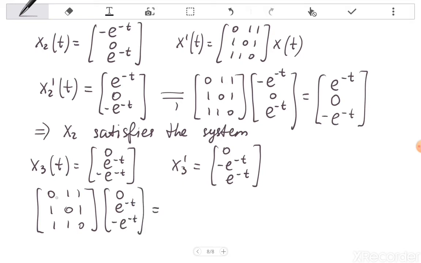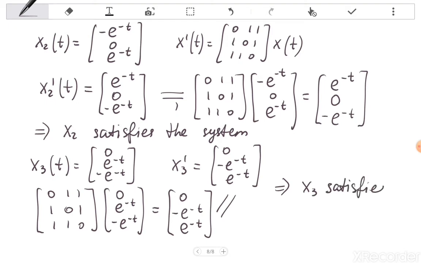So multiply the first row by this thing will give us 0. This one times this one will be minus e to the minus t, and this one times this one will give us e to the minus t. So indeed the same thing, so x3 also satisfies the system.